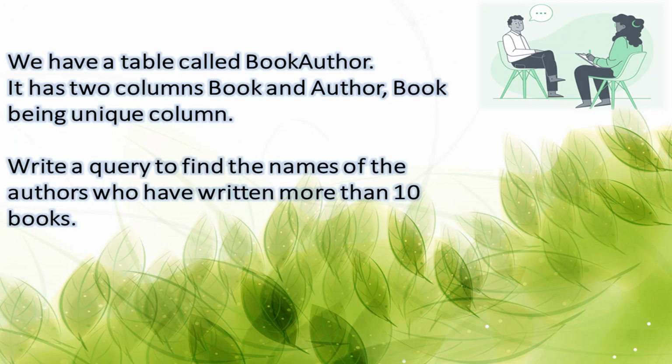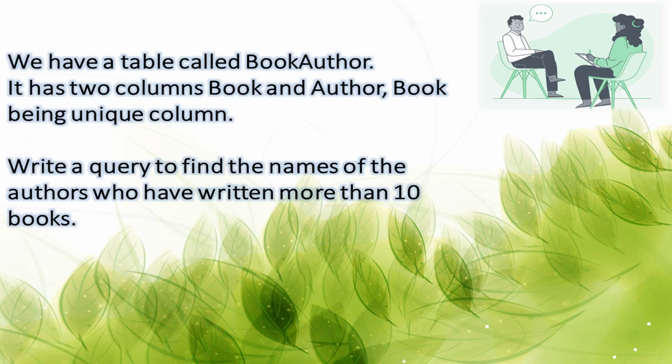The author column can have duplicate values, since a single author can have written multiple books. I need you to write a select query that is going to give me the names of all the authors who have written more than 10 books.